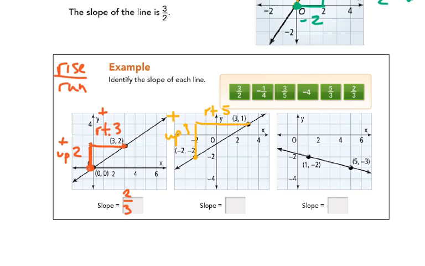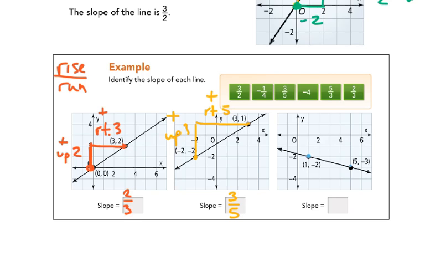Up is positive, and right is positive, so it's 3 over 5 for the slope. We like fractions for slope because of the rise over the run. If our slope is a fraction, it tells us exactly how many to go up and how many to go over.